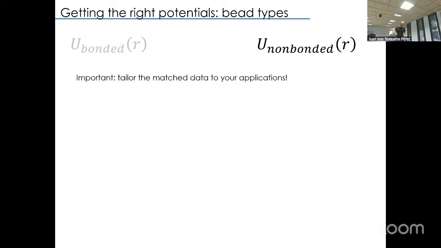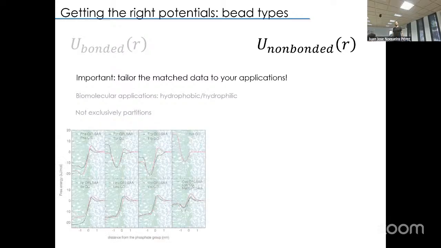Okay, so beyond this more generic target, we can tailor this to our applications. For instance, biomolecular applications, as you mentioned correctly, we are interested in this hydrophobic and hydrophilic dichotomy, but it doesn't have to be exclusively partitions.